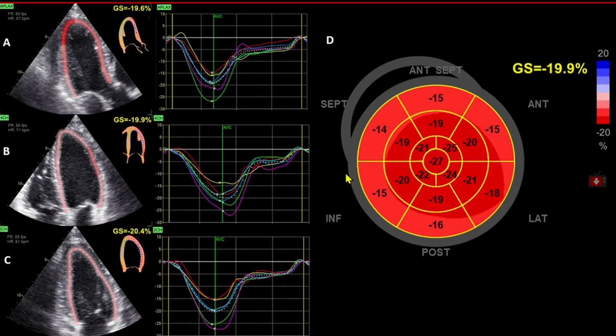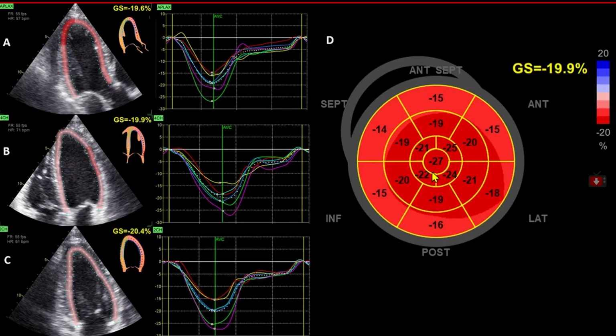And that's what we see here: minus 21% shortening, 19% shortening, 15% shortening, and 18% shortening. These are the numbers which will help us to say whether the muscle is reducing in size as expected, or is there a problem with the myocardium.